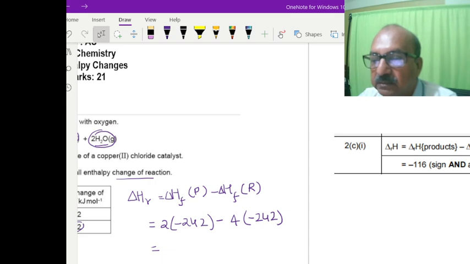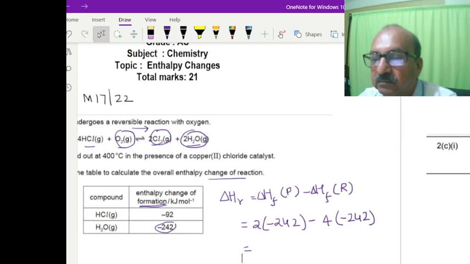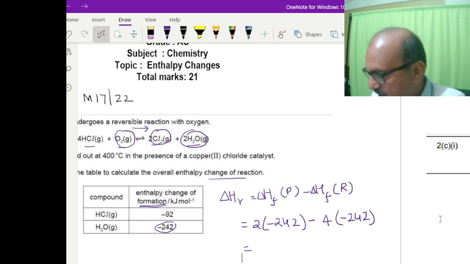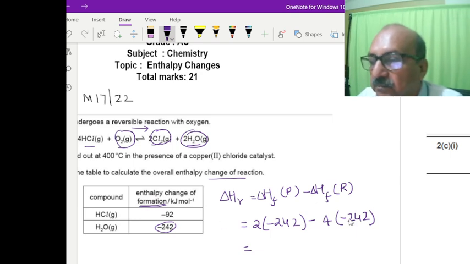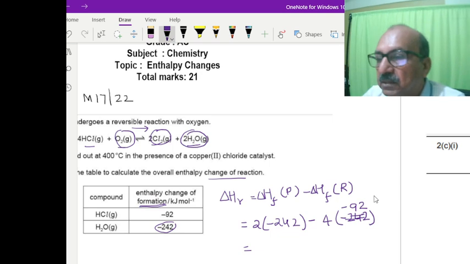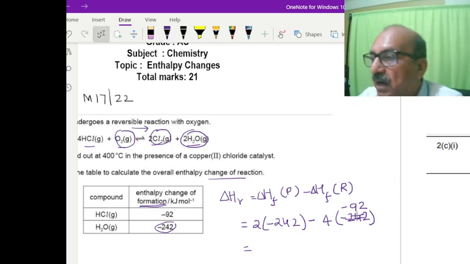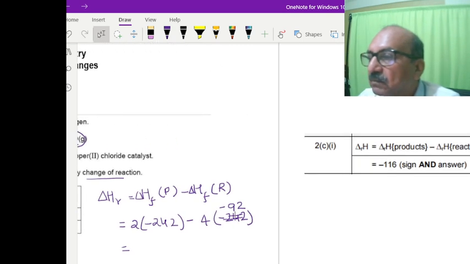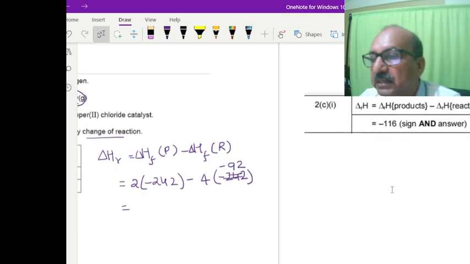sorry over here, not minus 242, sorry, minus 92, right? So let's make it minus 92. Yes, a silly mistake on my part, so don't worry. So now if you see this, it's the same thing which you get over here, which is very easy to solve, and you get the answer as minus 116.